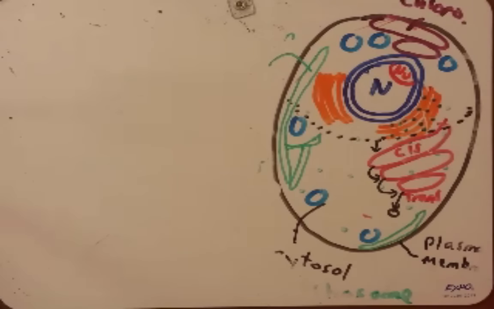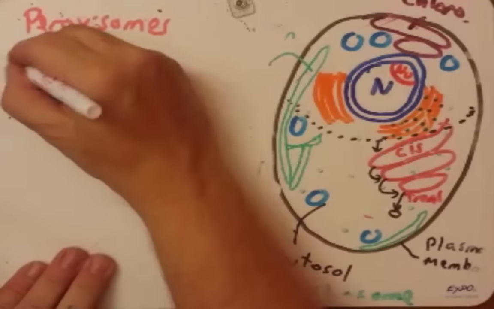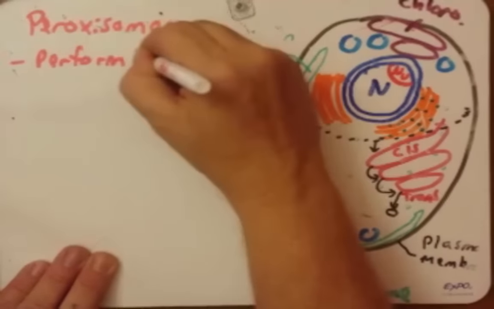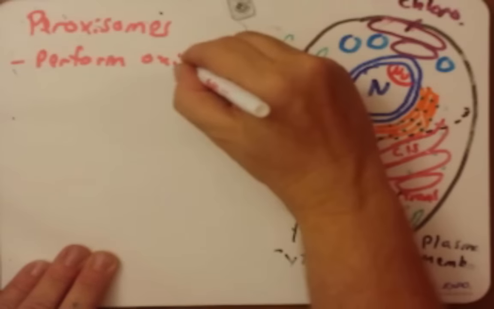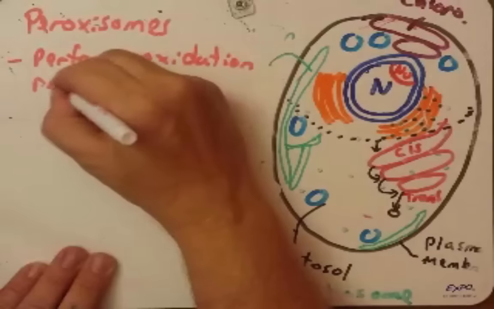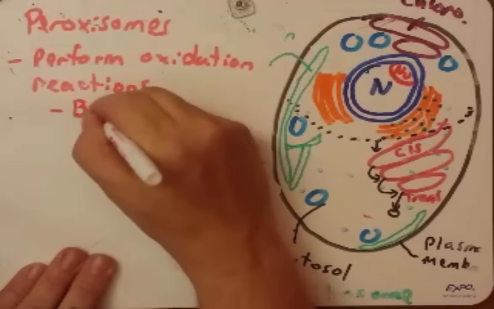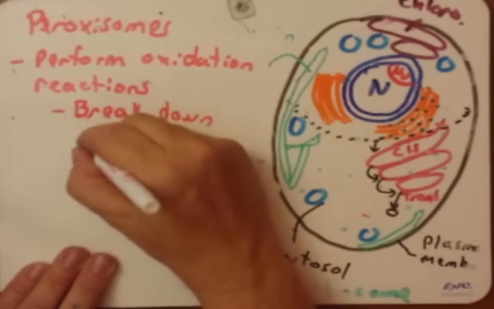The last organelle I want to talk about are the peroxisomes. Some of the things they do is that they perform oxidation reactions. That is, they break down fatty acids.